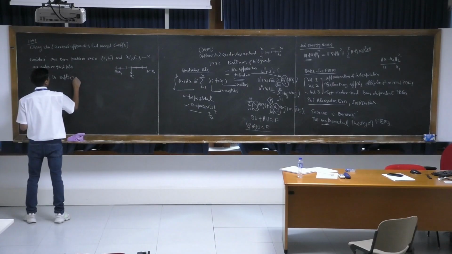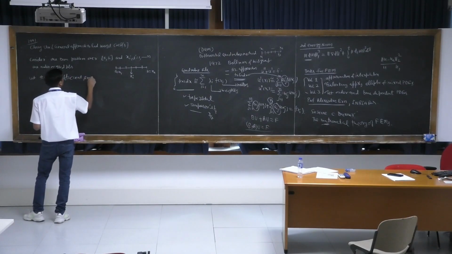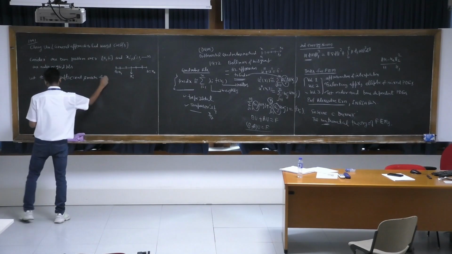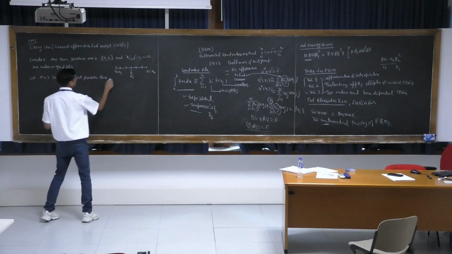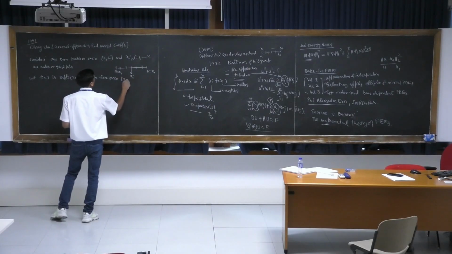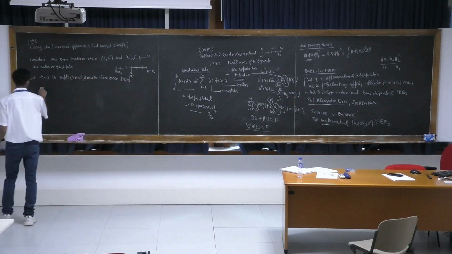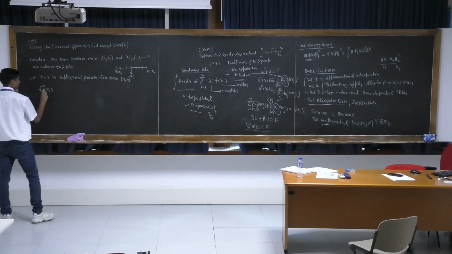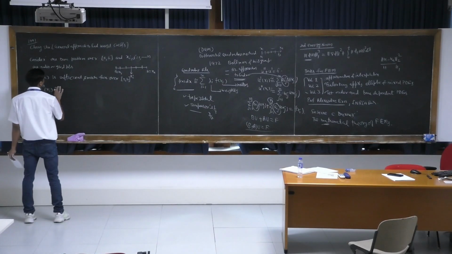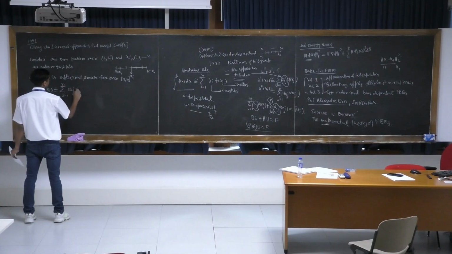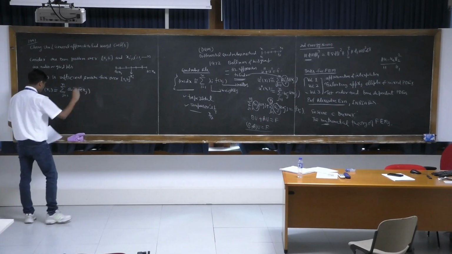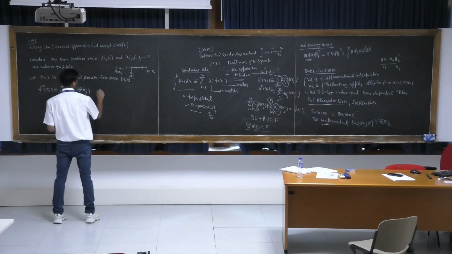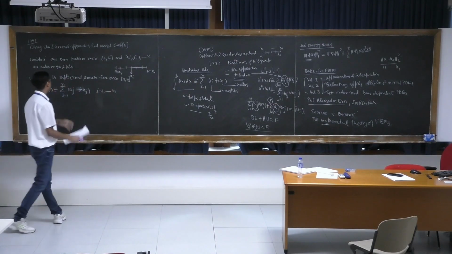Okay, let f(x) be a sufficiently smooth function on the interval over a, b. Then the first order derivative at the ith point is approximated by summation j equal to 1 to n, a_ij f of x_j, and i is also here 1 to n.